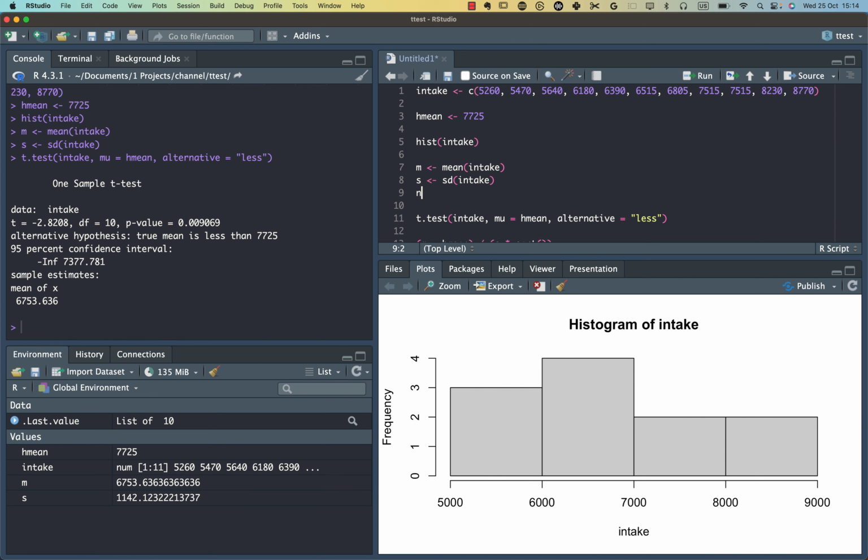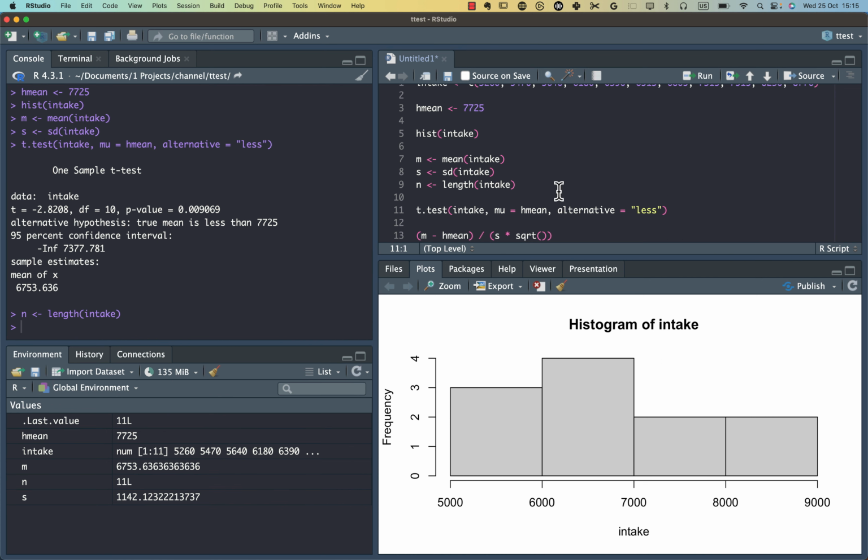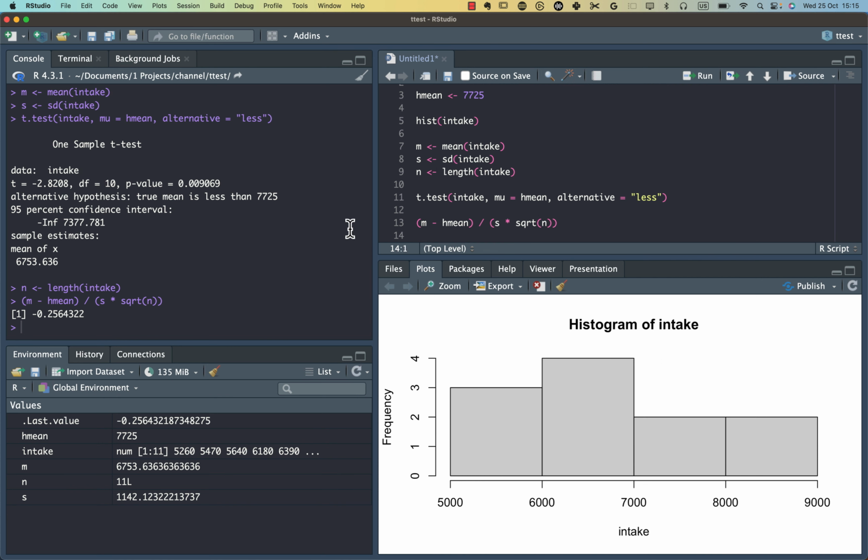I think we can capture this here because we're going to use it quite often, and n should be 11, right? So the t-statistic of the sample is minus 0.25. So the real question is if this is statistically significantly less than 0.